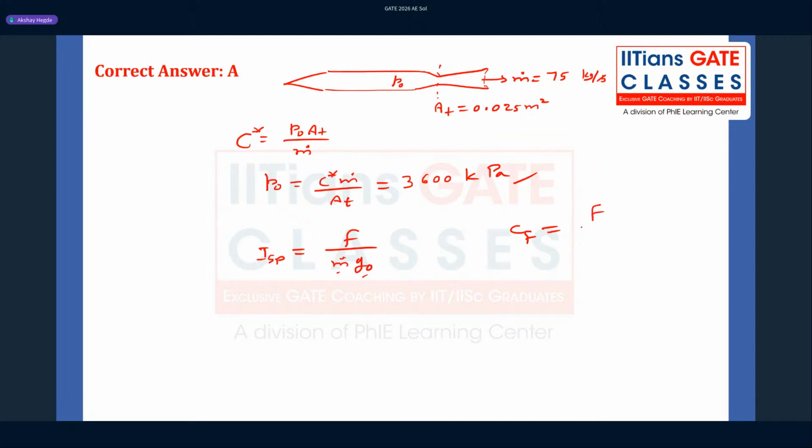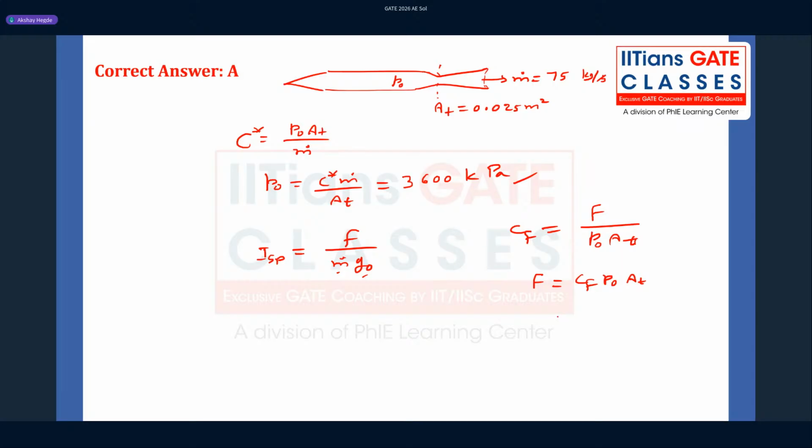That is nothing but thrust divided by P naught times AT. Or I can rearrange this for thrust. So F is equal to CF times P naught AT. Since we already calculated P naught, we can directly use it here. So everything is known to us.